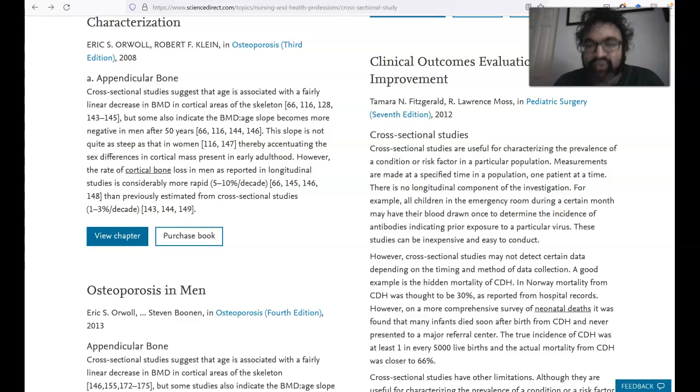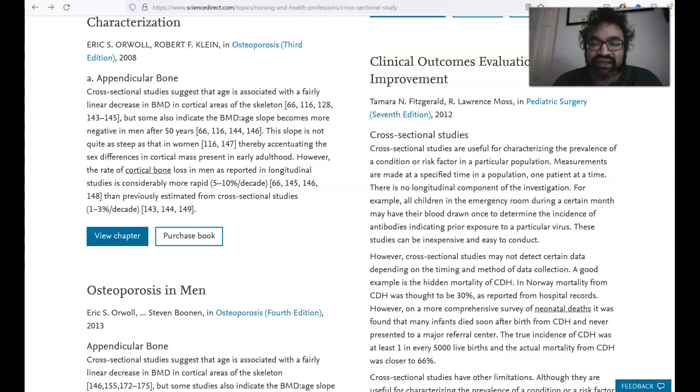initially in Norway, the mortality from congenital diaphragmatic hernia was thought to be 30%. But when they were comparing that to neonatal deaths from a comprehensive survey, they actually found that to be closer to 60%.